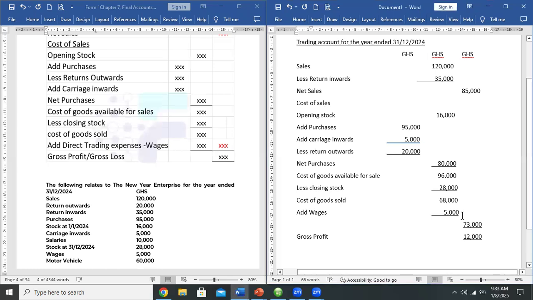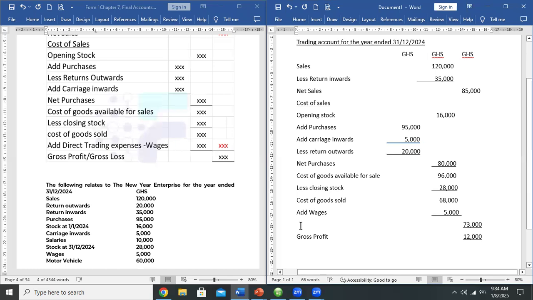So most of the times, you can even put it right next to the last item, that's the add wages, but I'll prefer you put it on the next line. You don't necessarily need to label it because the heading cost of sales is here.